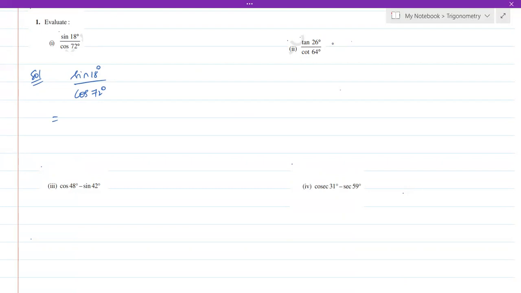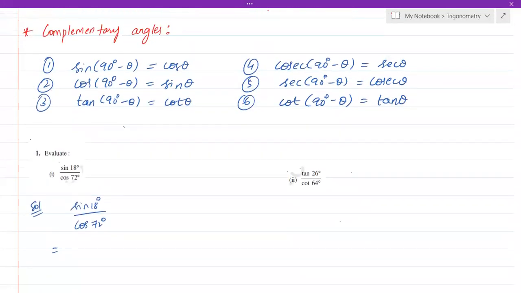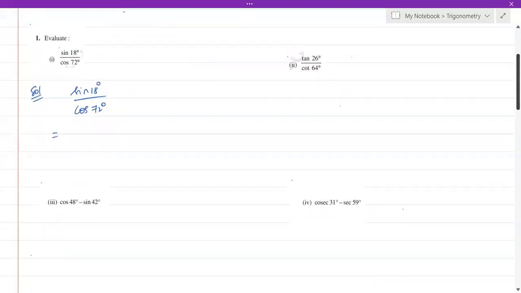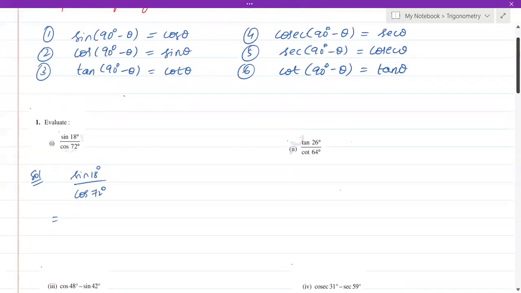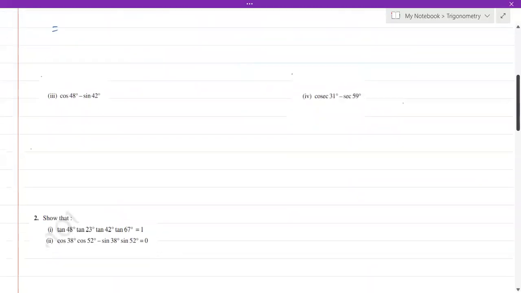So let's keep the denominator as it is and change the numerator. As you know, there is a formula, the second formula: sine theta can also be written as cos of 90 minus theta.